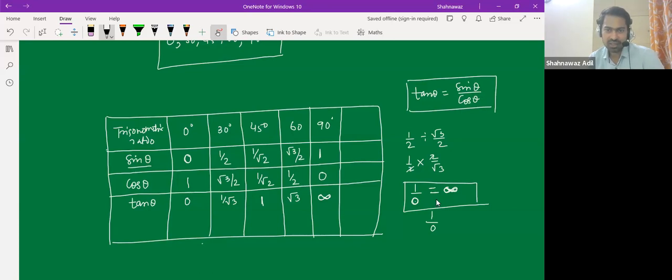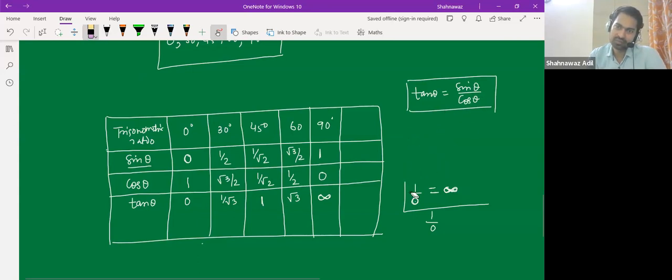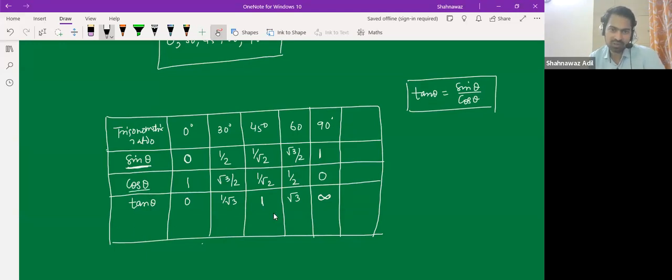Clear, guys? Is this clear? Yes. So if we remember one trigonometric function, then we can calculate this one and this one, and then we can also calculate the rest. So sine theta is the reciprocal of cosec theta. So we can also calculate cosec theta.